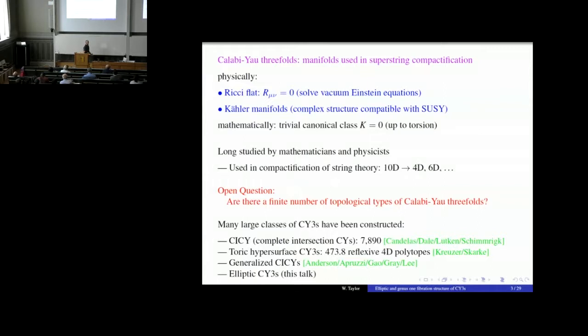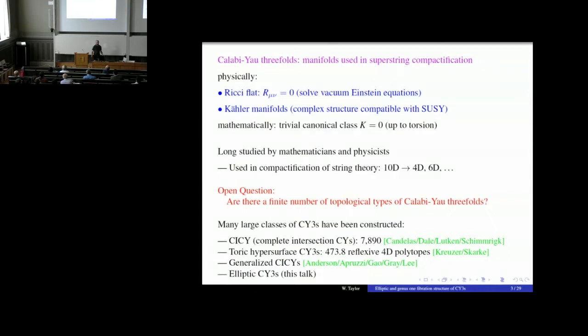So a lot of large classes of Calabi Yau threefolds have been constructed. One of the first large classes was the so-called complete intersection Calabi Yaus. There's about 8,000 of those constructed by Candelas and company many years ago. A larger class, there's a little typo there. It says 473.8. There's not a 0.8 of a Calabi Yau. That's actually 473.8 million. I've dropped the capital M that should go in there.